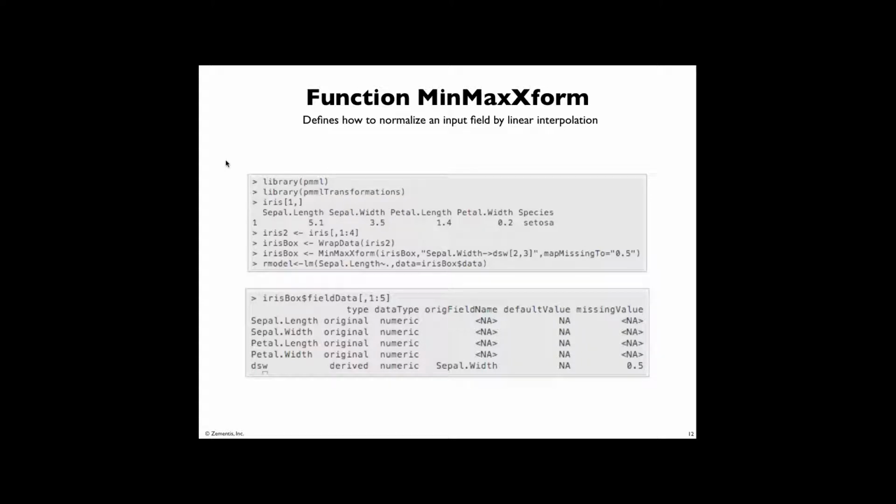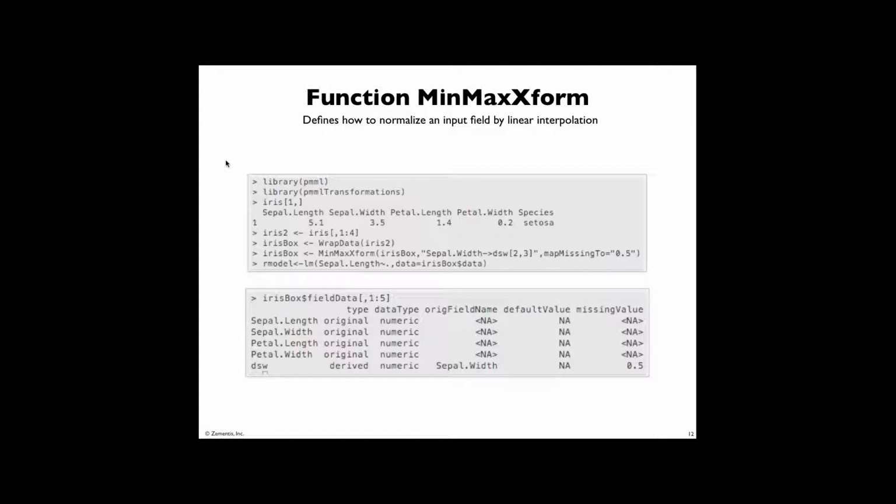So the input variable may have a minimum and maximum of 1 to 2, and we want to transform it so that the transformed variable has a minimum and maximum of 2 to 3. That's one way to define a linear transformation, because you go from the initial range to the final range with a linear interpolation. So that's just the way you refer to the transformation. Being the first function I'm talking about, let me go through the steps in a little detail.